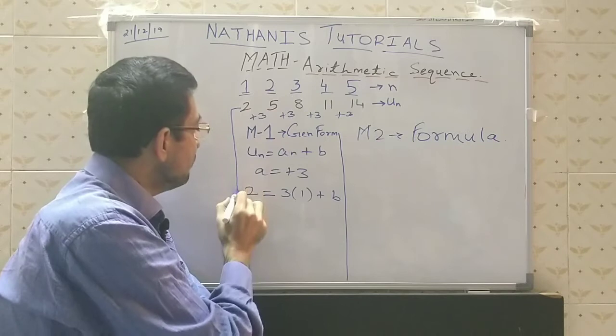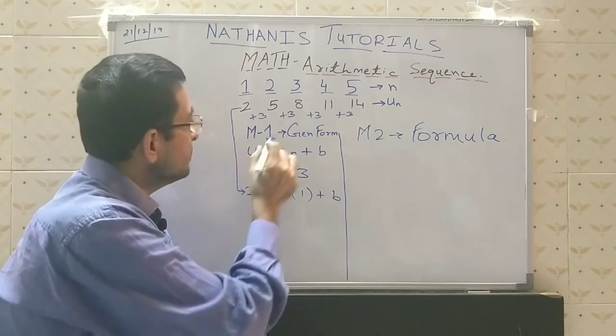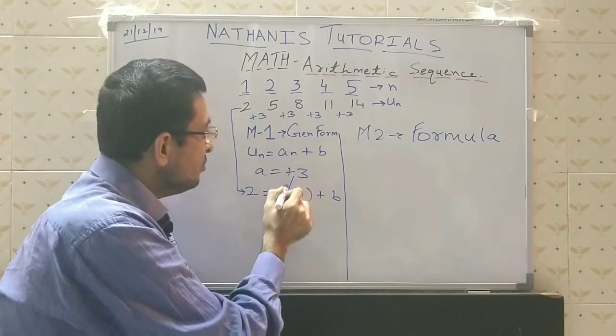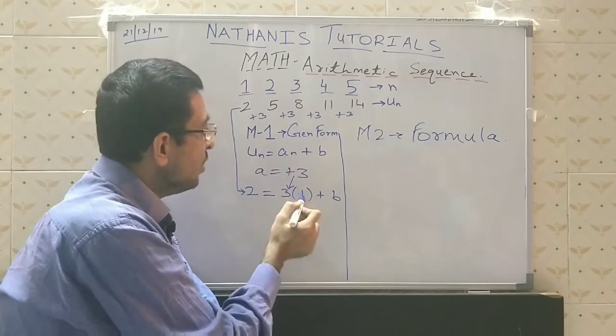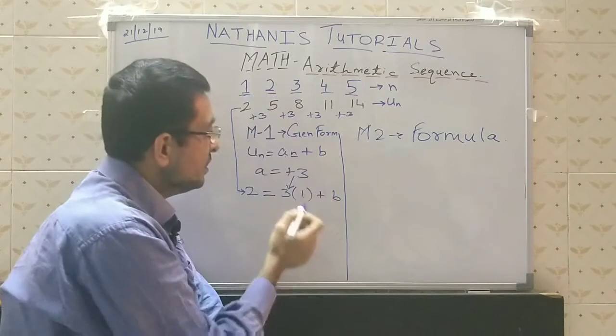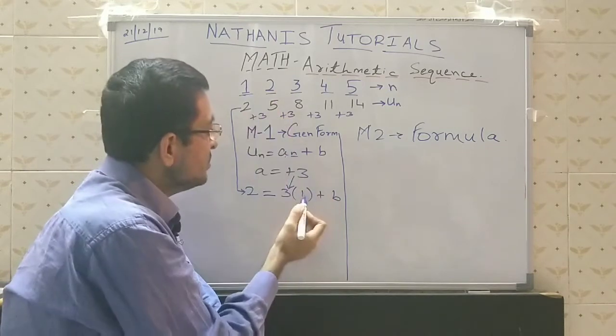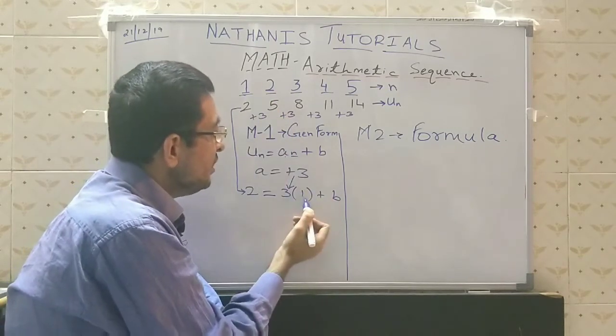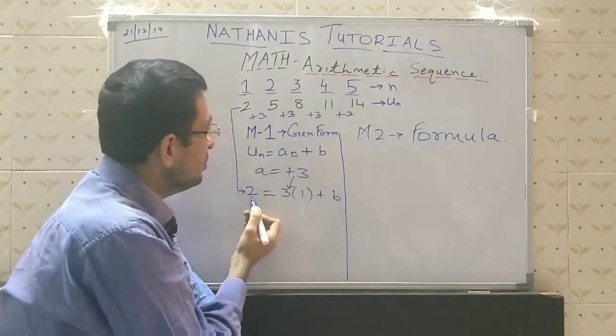The 2 is the first term of the sequence, 3 is the value of A, and 1 is the term number. The number of the first term is 1. So 3 into 1 plus B equals 2.